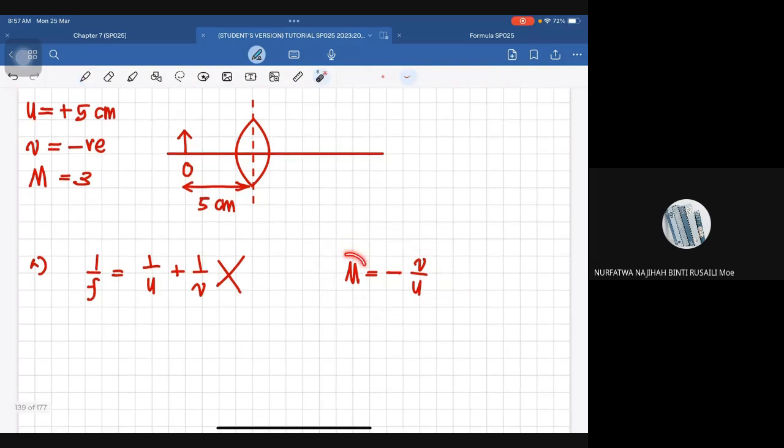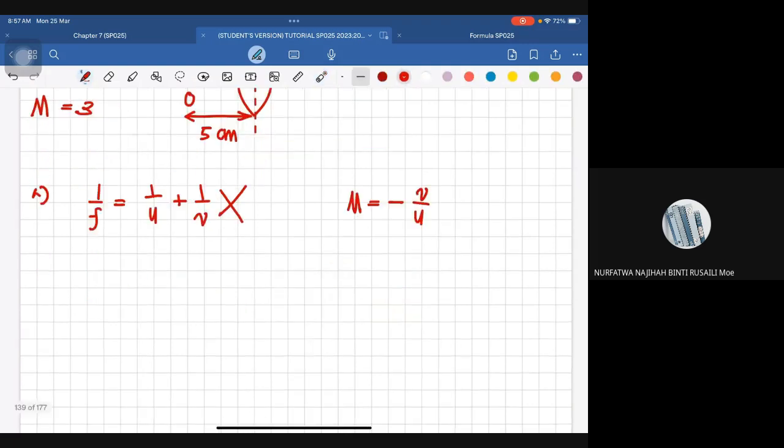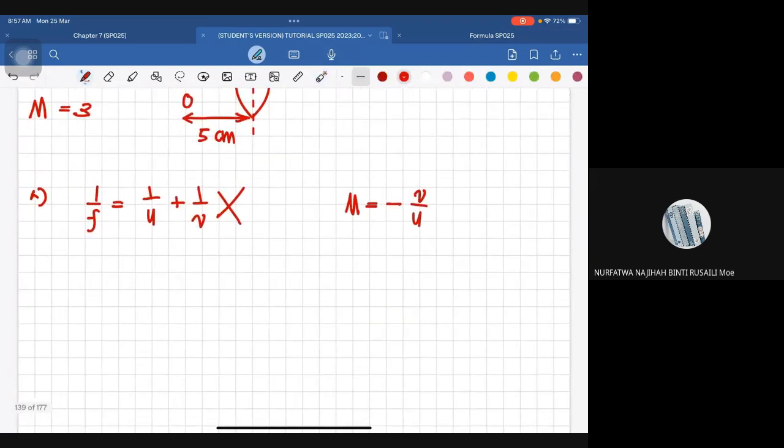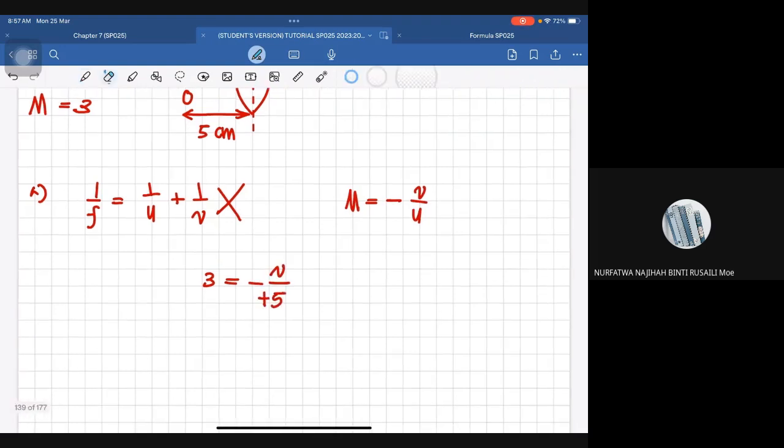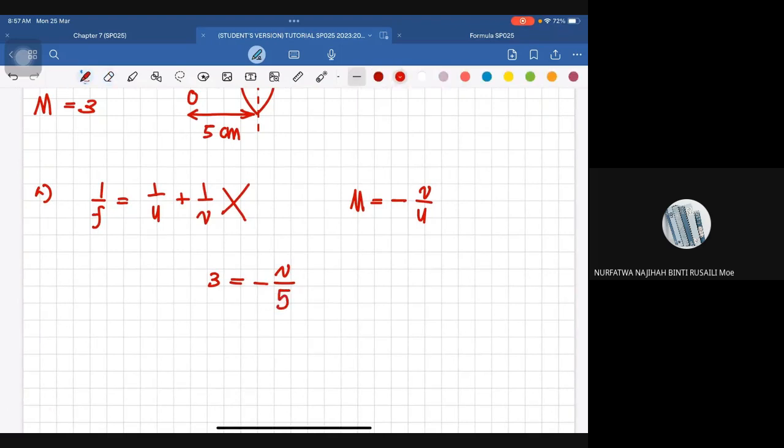Boleh, sebab kita ada nilai magnification and nilai object distance. So from here, kita just substitute lah. 3 equals negative v over positive 5. Actually, you don't have to write positive lah. Kamu letak je 5. So dari sini kita dapat v equals negative 15 cm. So ini adalah image distance.